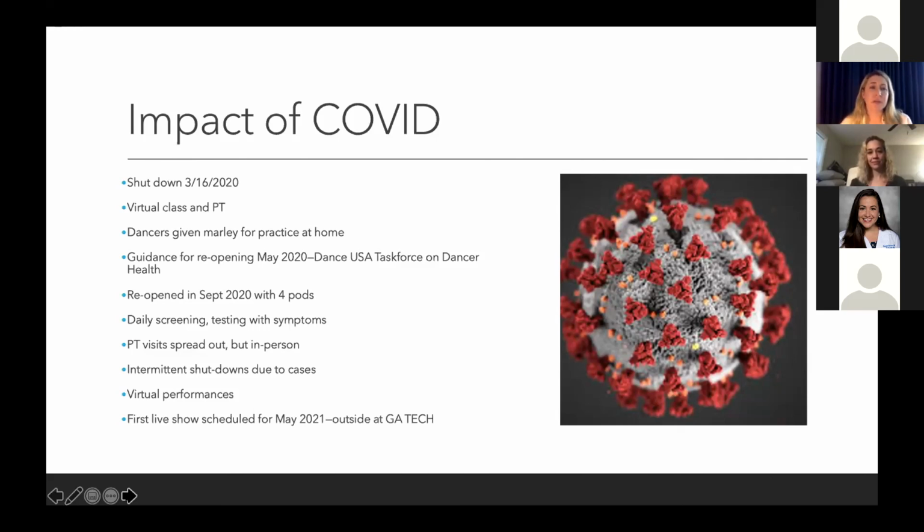So the dancers very quickly transitioned into virtual class and even virtual PT, which those PTs and athletic trainers on the call know is not an easy thing to do. The dancers were given Marley for flooring for practice at home, but we heard a lot of issues from the very beginning of COVID: they didn't have a bar, they weren't on a sprung floor, they were very limited in their space.